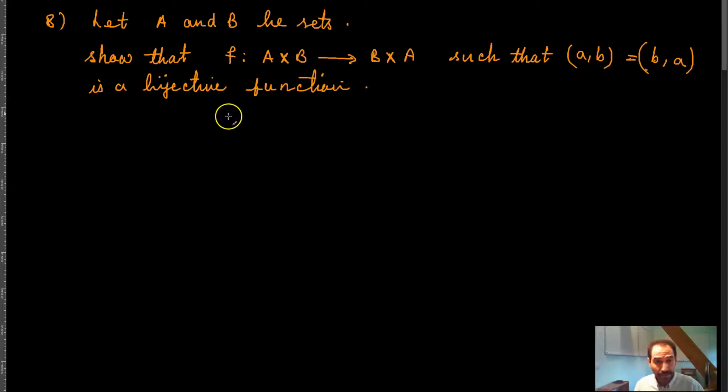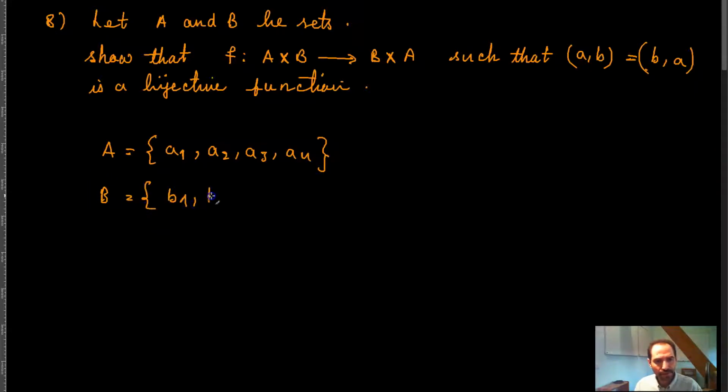For example, let's say that A is equal to A1, A2, A3, and A4, and B is equal to B1, B2, B3, and B4. Or let's make this a little bit simpler. Let's go all the way up to 3 only.